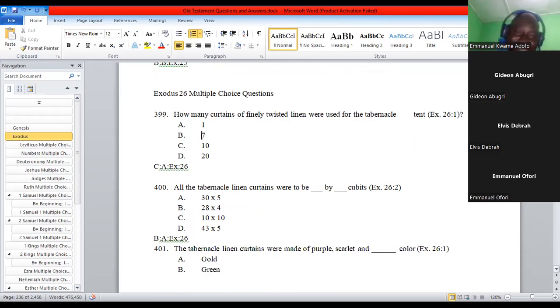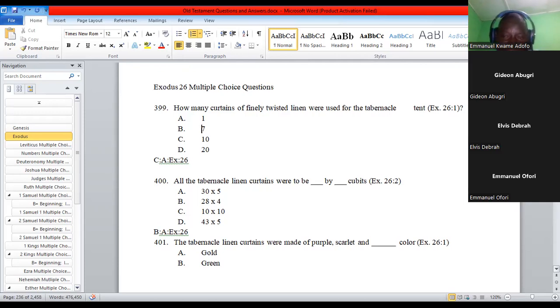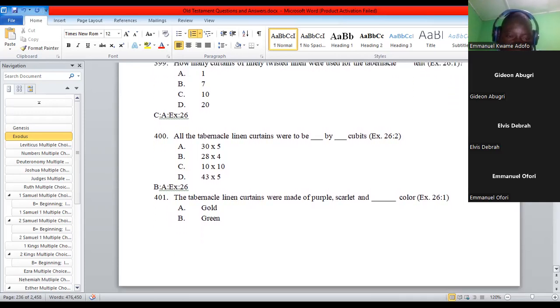That means across the four sides, 28, 28, 28. I don't know whether you get it, the times 4. Because the tabernacle was a rectangle. Two sides were equal, is that not so? The lengths were all equal, the breadths were all equal. So 28, that's how the whole thing seems.